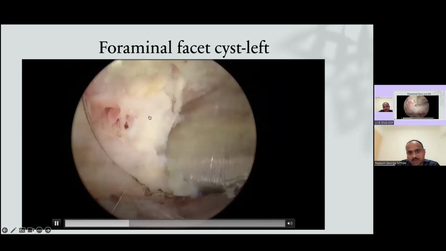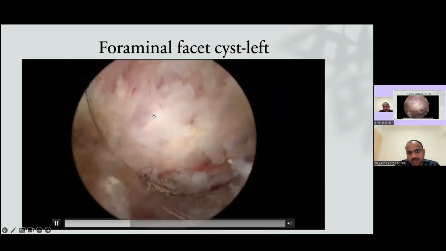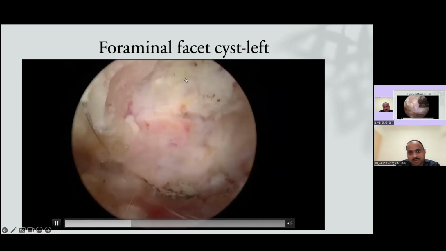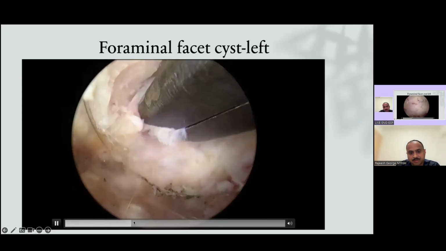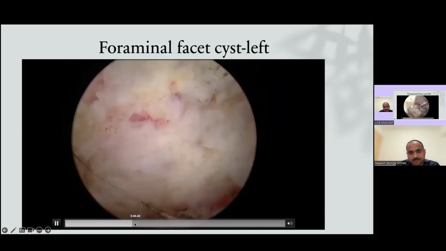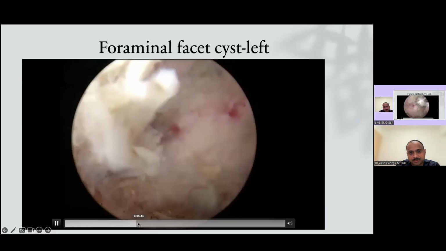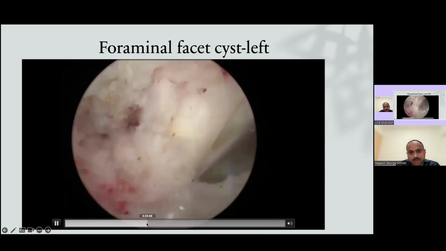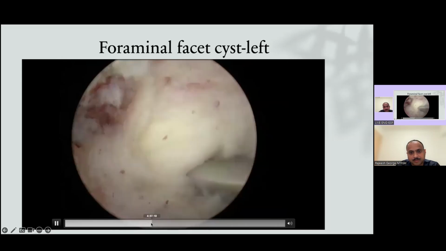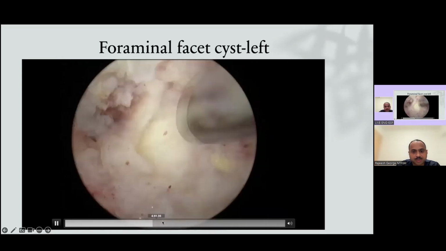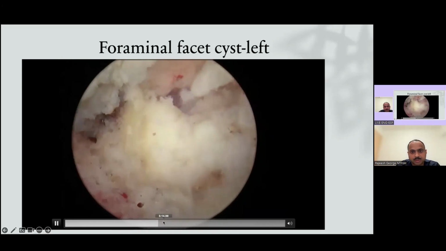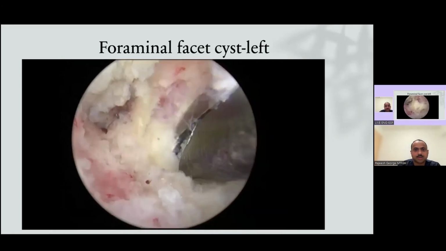So once I move the foraminal ligament with the dissector, you can follow the cyst coming into view now. So some more clearing there. So I'm going to remove this foraminal ligament with the Kerrison rod.